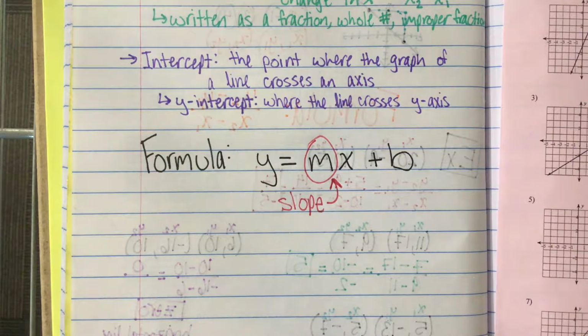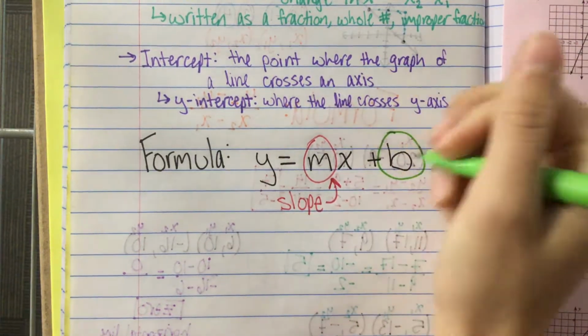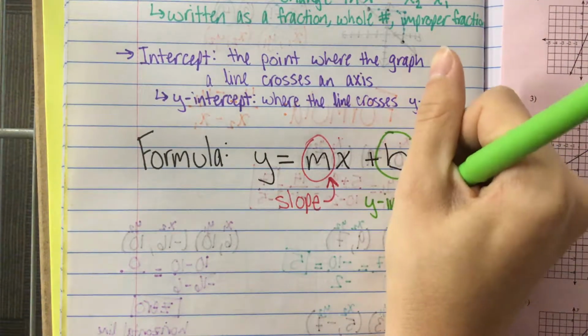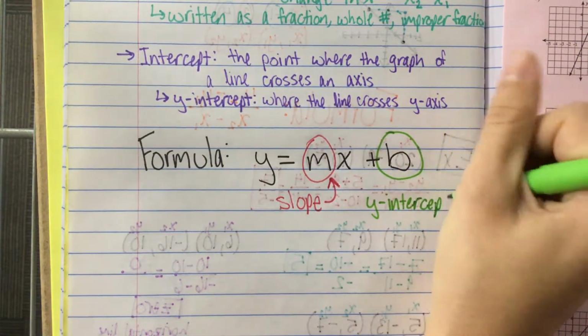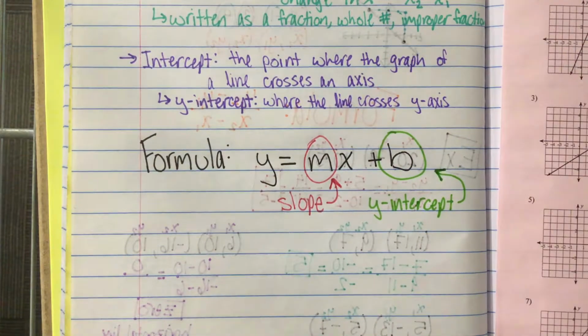If m is slope, what do we think b is? Which intercept? Y. The y-intercept. B is the y-intercept.